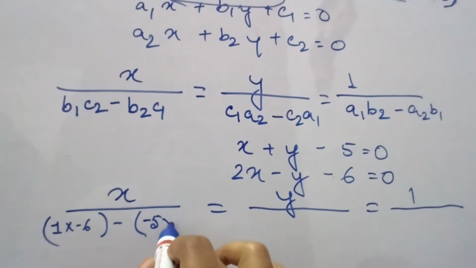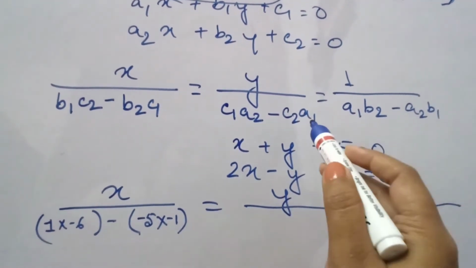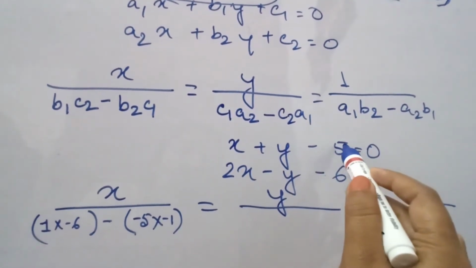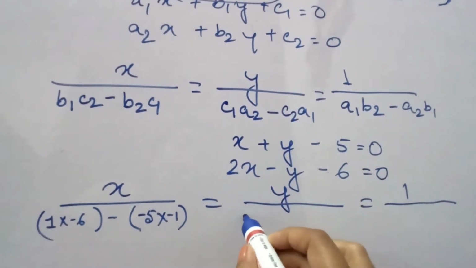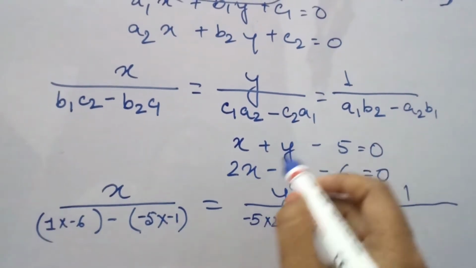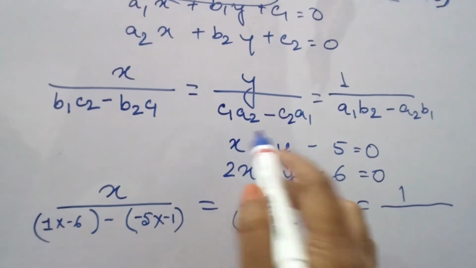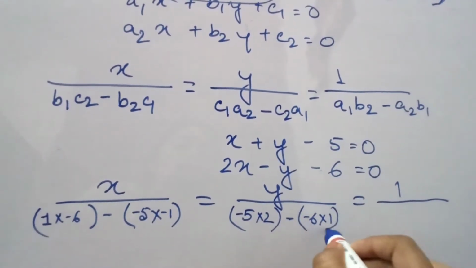Correct? Next, y I'll cover and with c I'll do. So it's minus 5 into 2 minus this one into this one, minus 6 into 1.